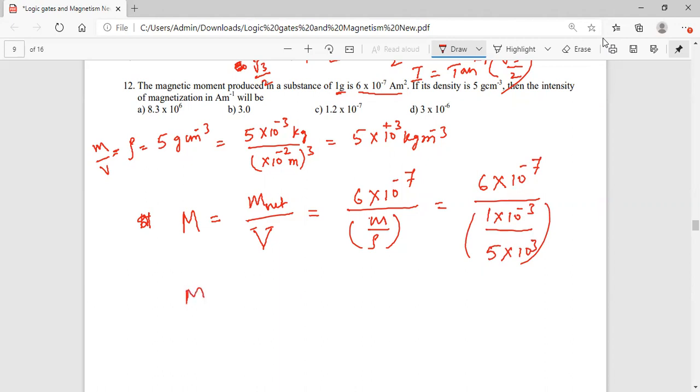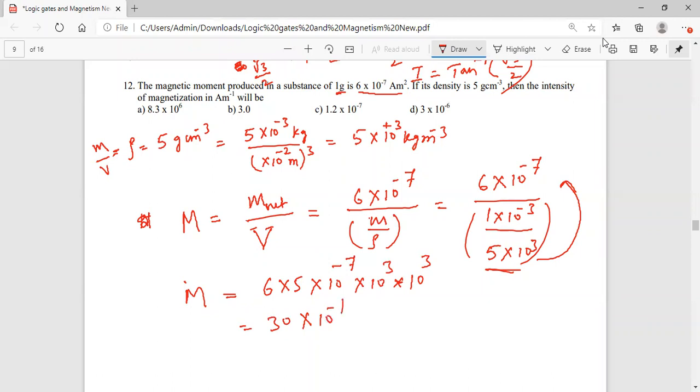Then the magnetization M is equal to 6 into 5 into 10 to the power of minus 7 into 10 to the power of plus 3, and the minus 3 comes to the numerator, becoming 10 to the power of plus 3. Therefore, it's 30 into 10 to the power of minus 1, that is 3 ampere per meter. So option B is the correct answer.